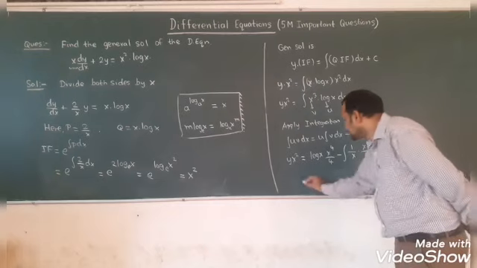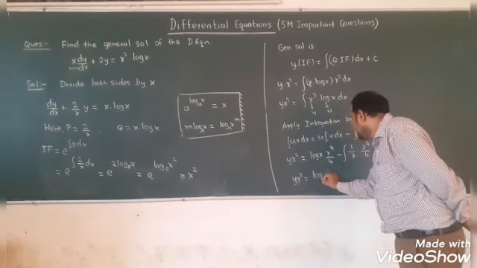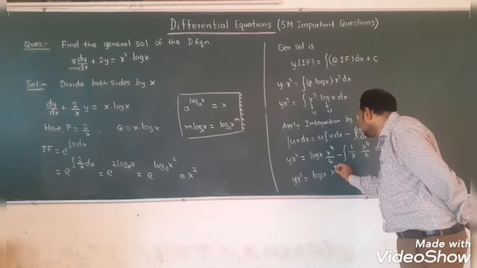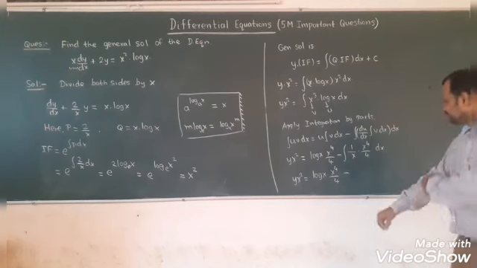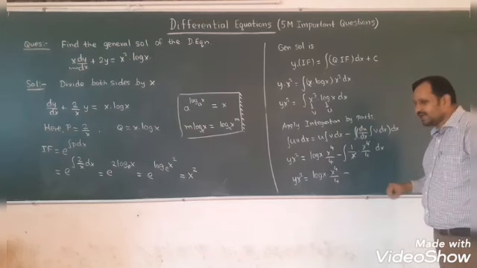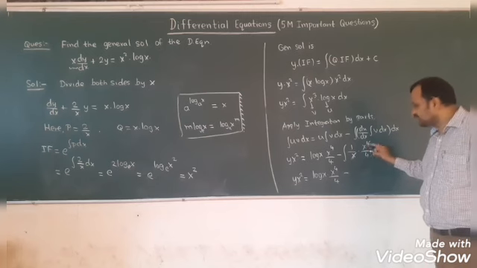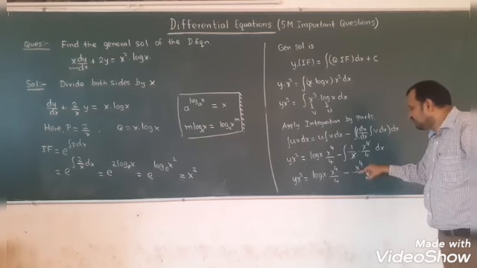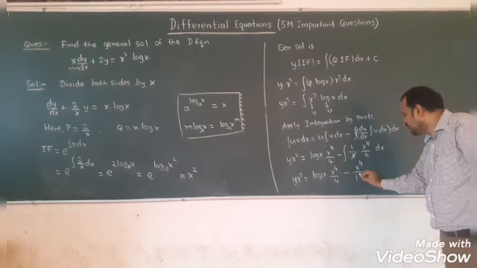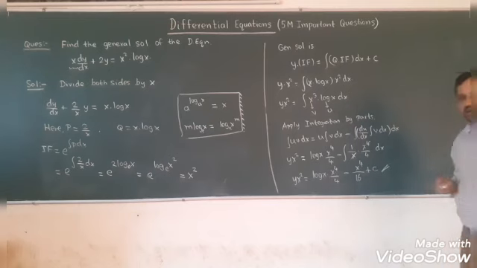Finally y x square is equal to log x into x to the power 4 by 4 minus, now see here, 1 by x cancels. What is left? x cube. The integral of x cube is x to the power 4 by 4. 4 into 4, you will get 16, plus c. So this is the required answer.